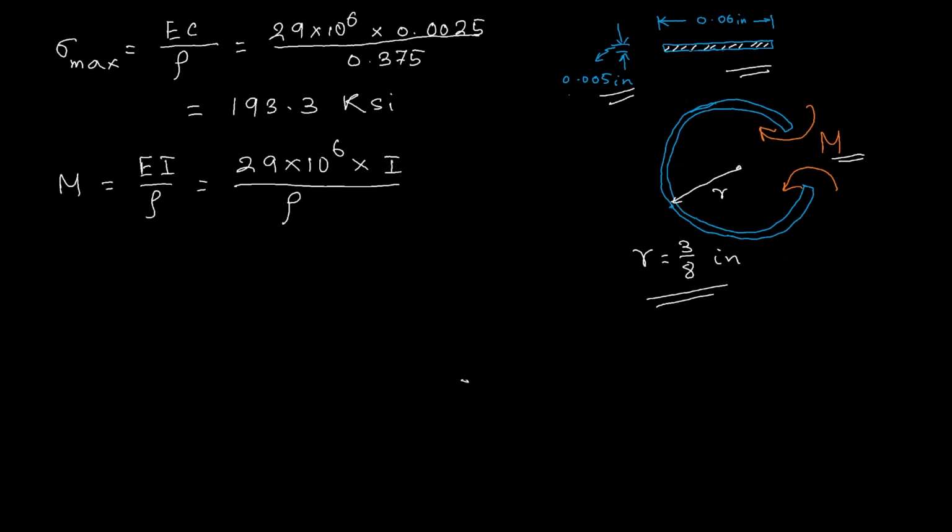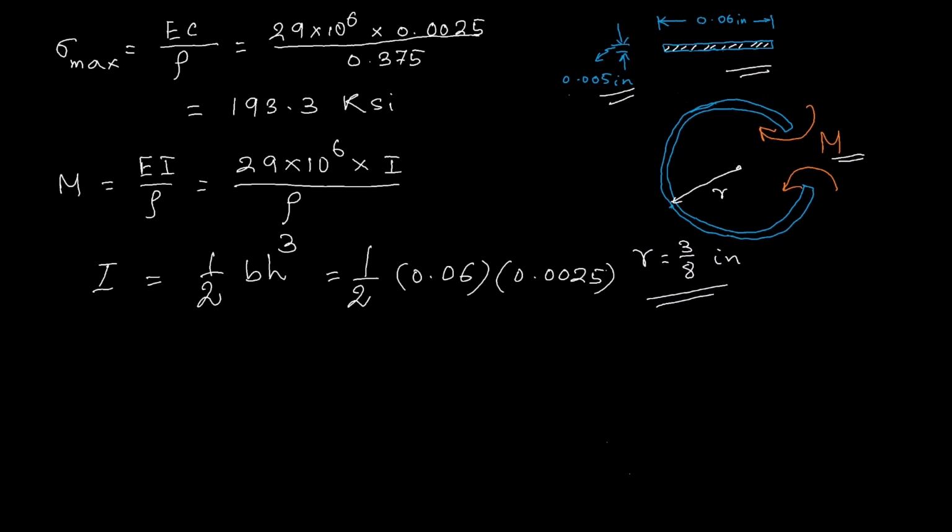Okay, now the value of I can be calculated like this. So this is 1/12 of BH cubed. Now the B value here is the width, that is 0.06 inches, and H is this depth from the neutral axis, and that is 0.0025.